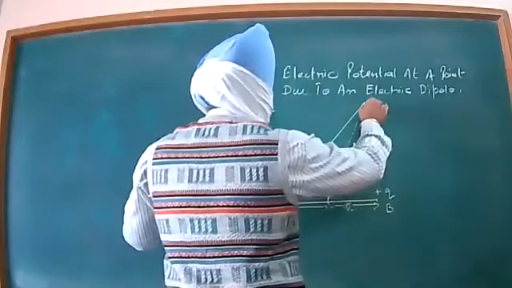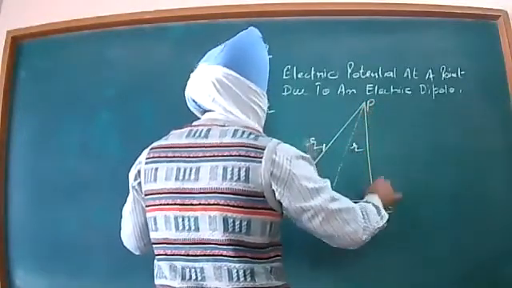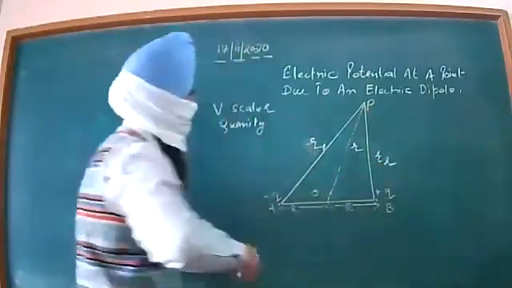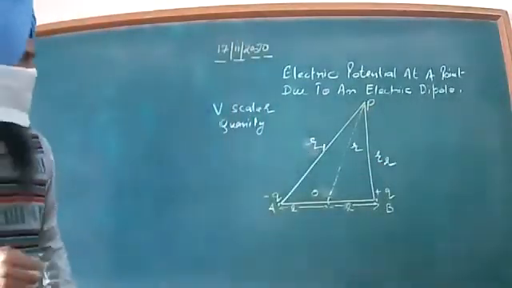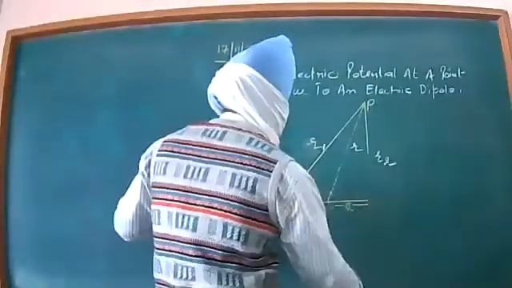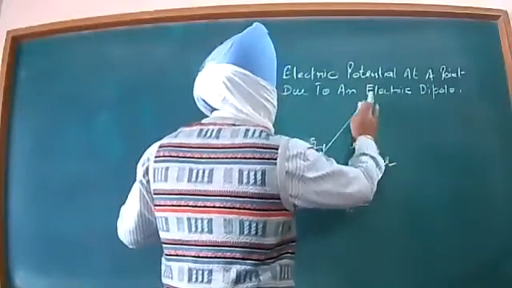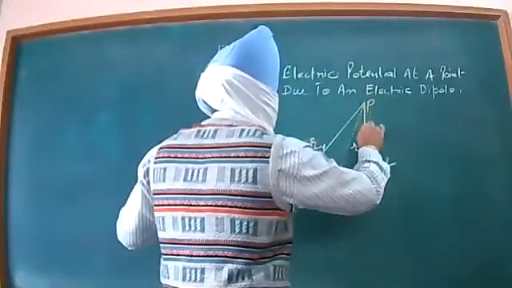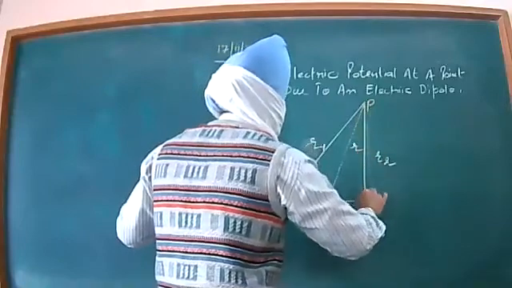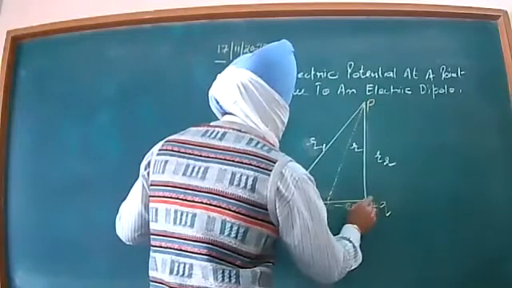Here is this distance, say R2. We need to calculate further the electric potential at point P due to the two charges, the negative as well as the positive charge. So these were our charges present over here.